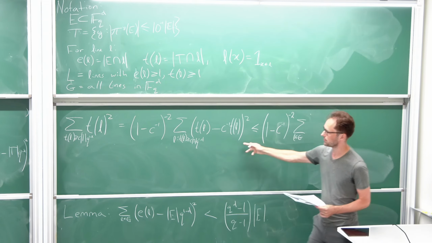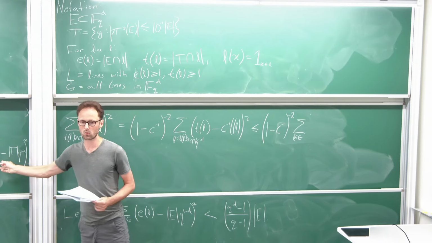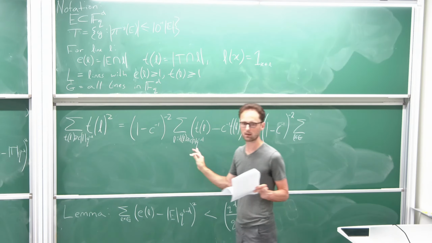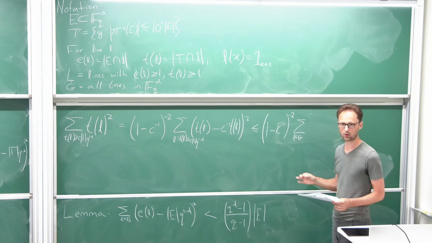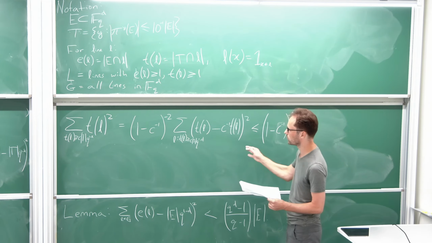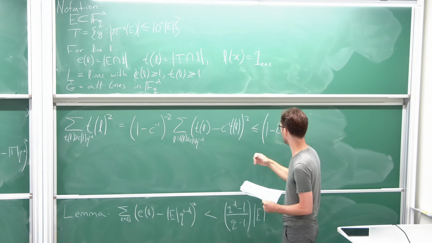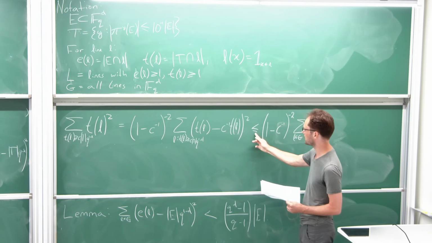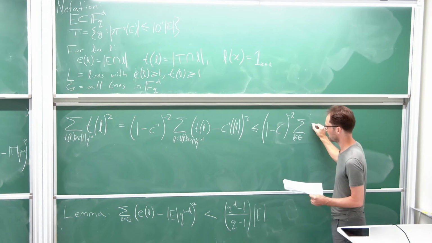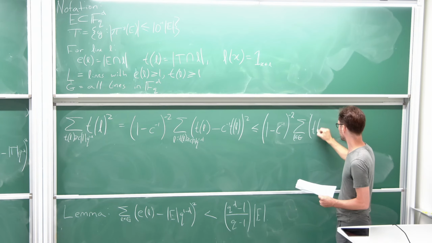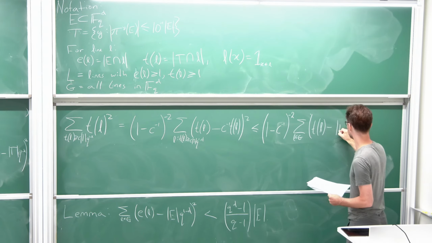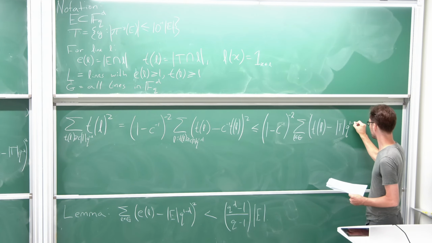We use the condition to get this inequality over here, and then we forget about it and extend the sum to all of the lines in the space. We're going to use the condition here and then forget about it.